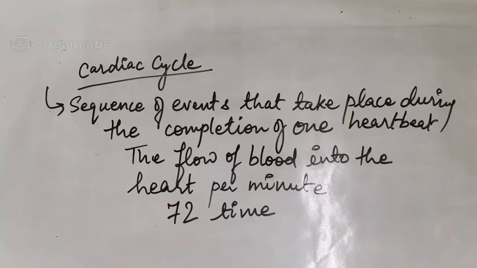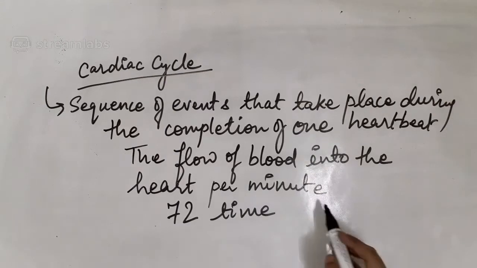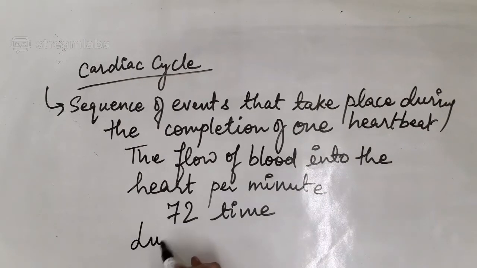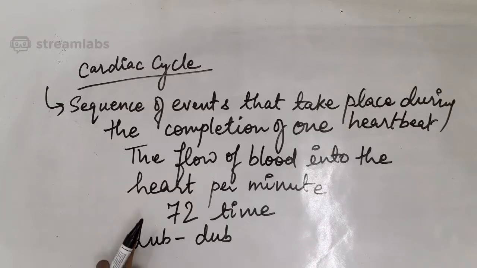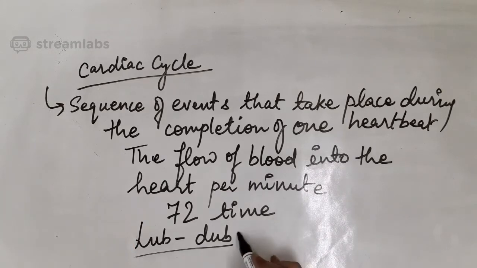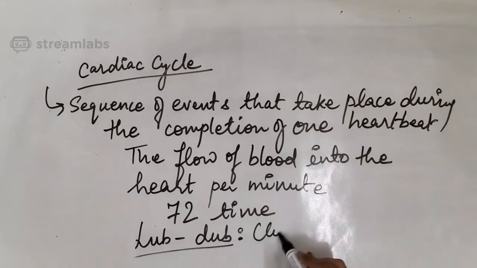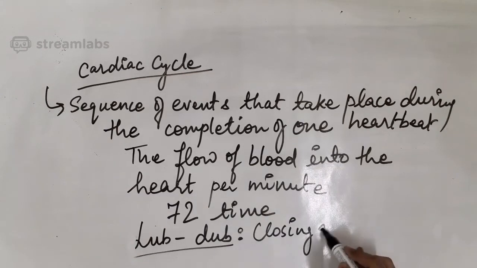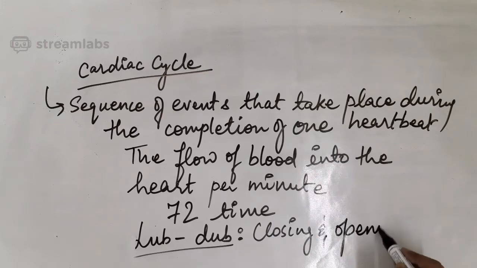Next is, as you all know, the heartbeat is heard twice, like it is sounding like two sounds named lub and dub sound, and this is produced due to the closing and opening of valves.